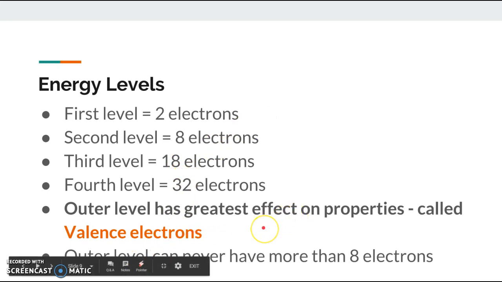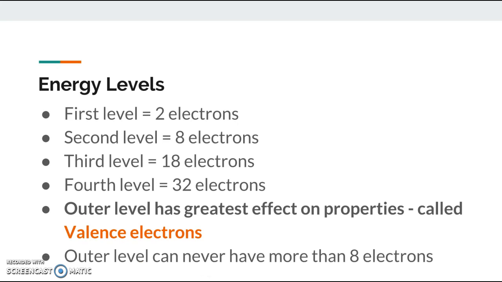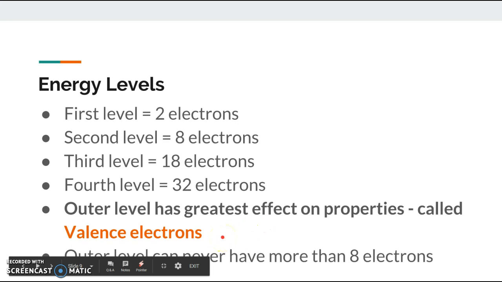The outer level has the greatest effect on the properties. So how the elements react with other elements, what their properties are, what they look like, stuff like that, the biggest contribution is going to be the outer level electrons, which are also called valence electrons.